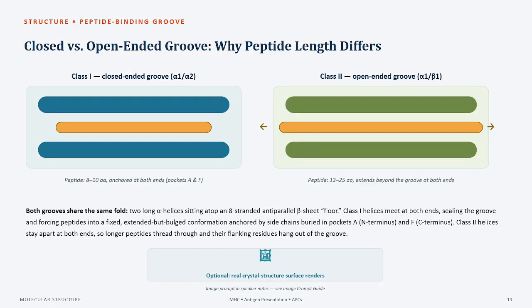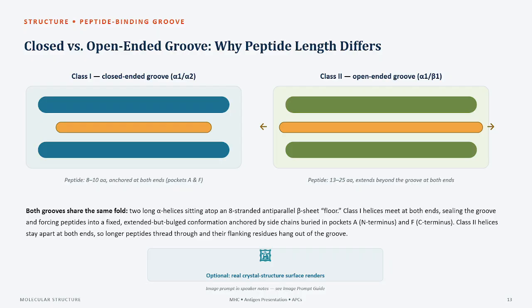Now a little more about the closed and the open-ended groove and why the peptide lengths differ. The class 1 groove is closed-ended, where it accommodates shorter peptides anchored via specific pockets. The class 2 groove, you can see, is open-ended, so the peptide can extend beyond the groove at both ends, allowing longer peptides.